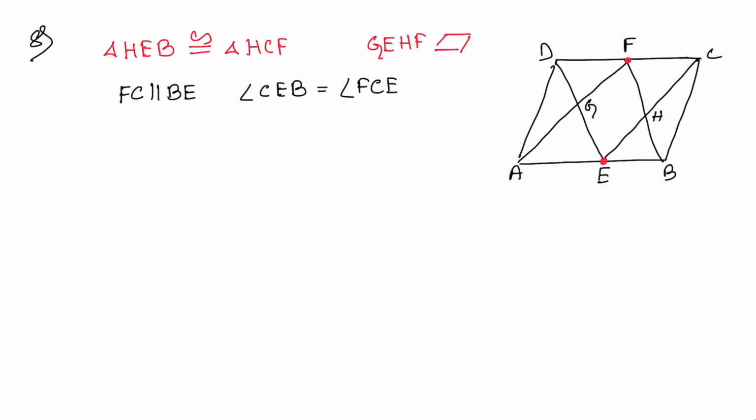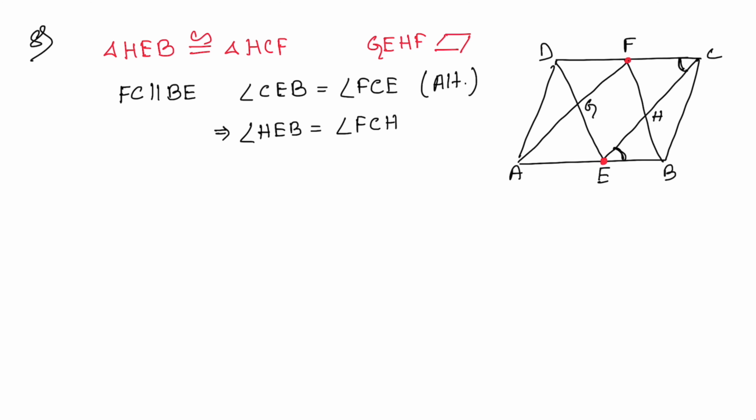Which one? CEB, that means that angle is equal to FCE. It's called alternate angles. So that implies you can write down angle HEB is equal to angle FCH.